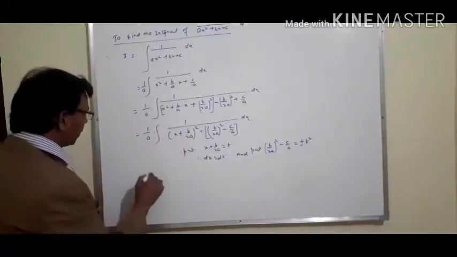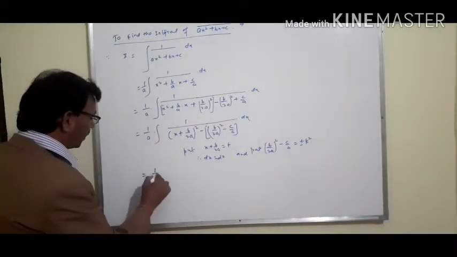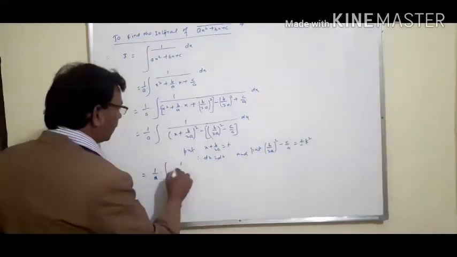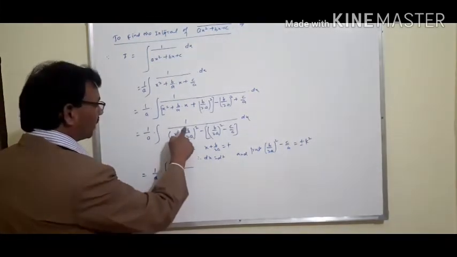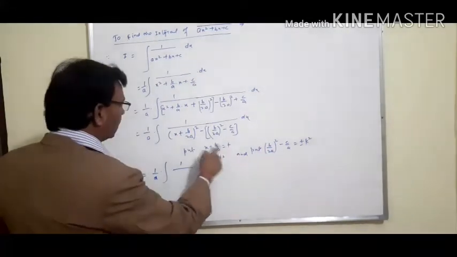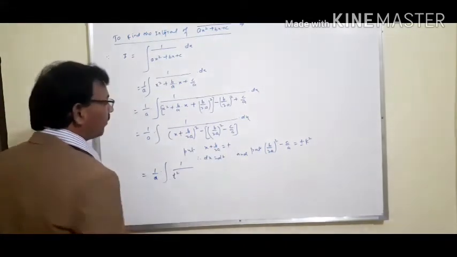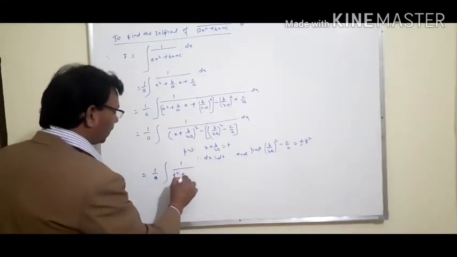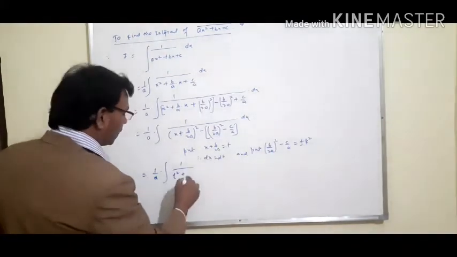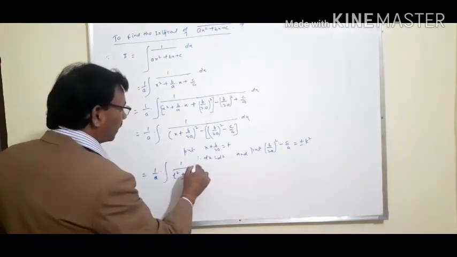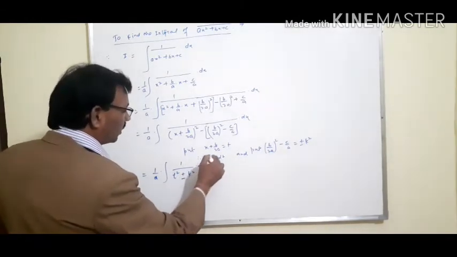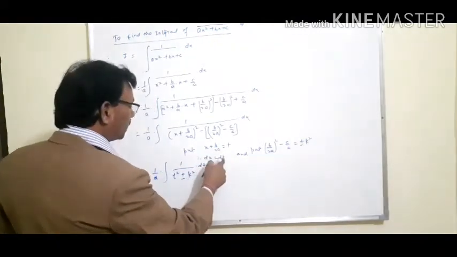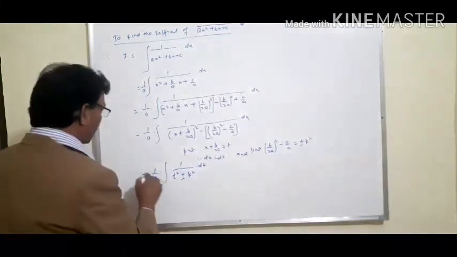So this will be converted into the form of 1 upon a integration over 1 upon, in place of x plus b upon 2a we have t, so this will be t square, plus minus k square, into dt, as dx is replaced by dt.